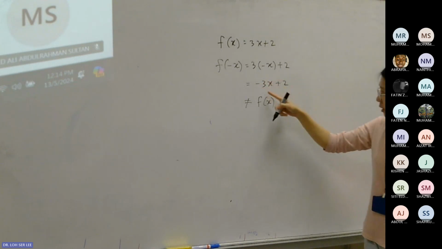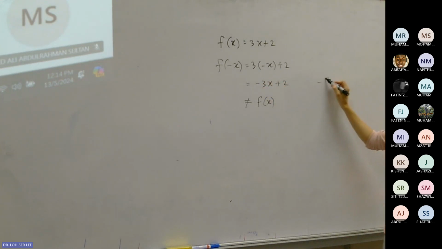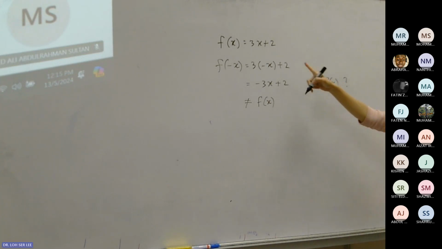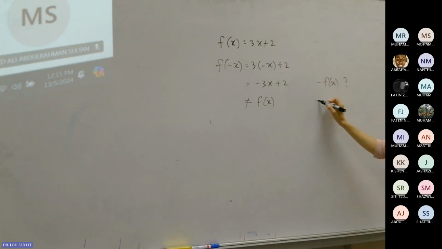And does it equal negative fx? What is your negative fx? Your fx is 3x plus 2, so your negative fx is negative of 3x plus 2. When you expand, this is your negative fx.